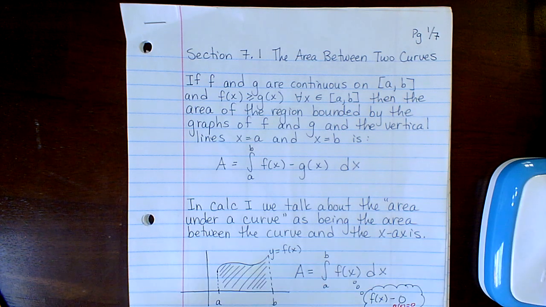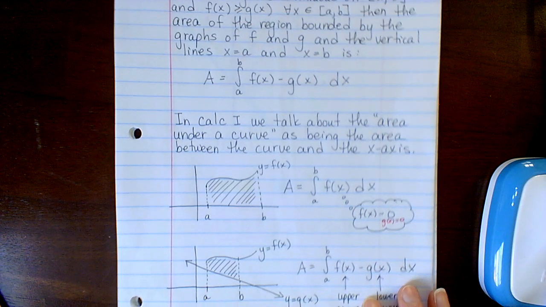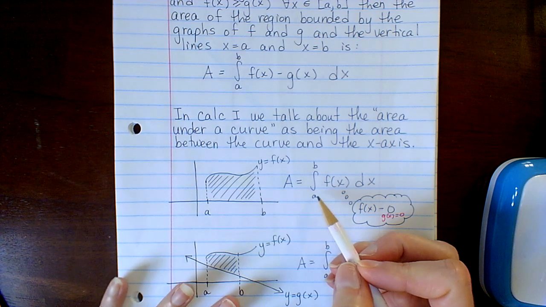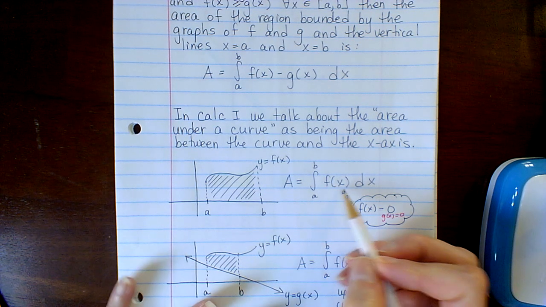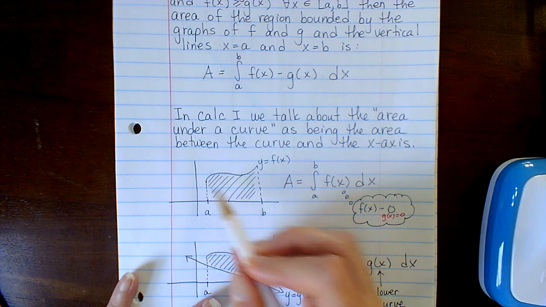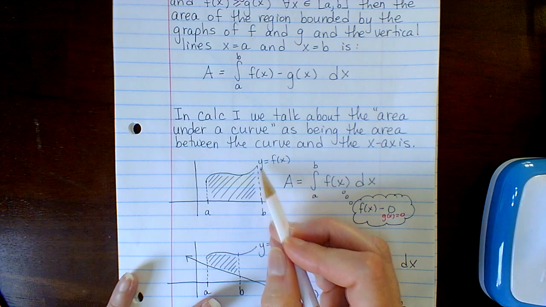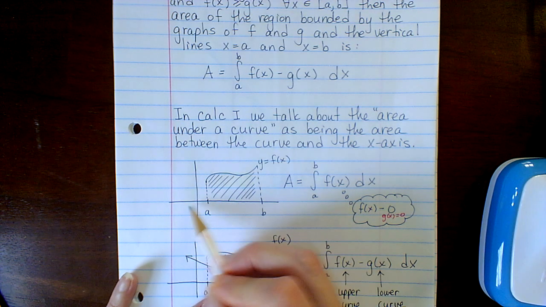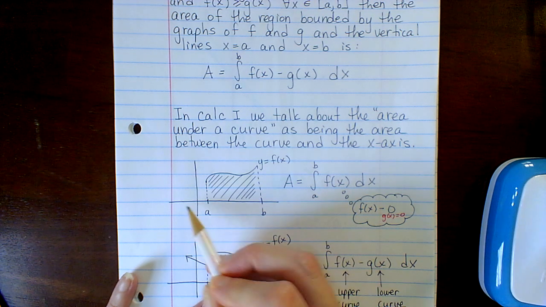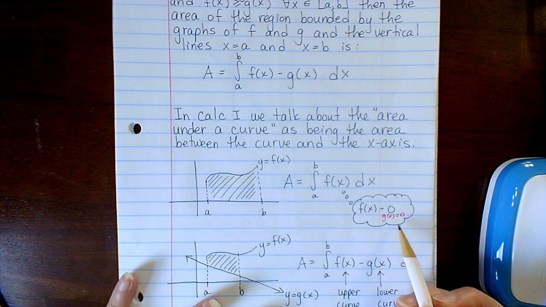Now in Calc 1, we did this. We did the area under a curve as just the integral. And technically we did this subtraction, we just didn't write it because it was the upper curve, f of x, minus the lower curve. My lower curve, g of x, just so happened to be this line y equals 0.